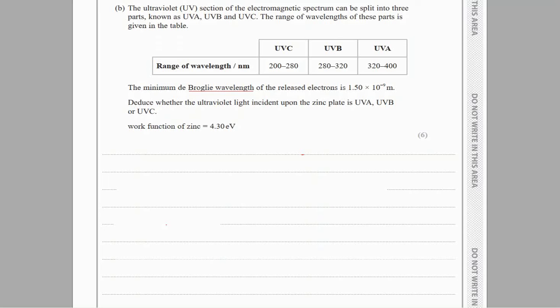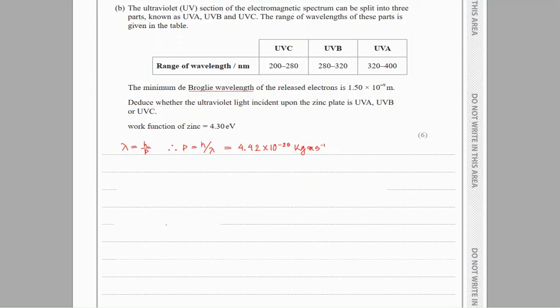So you can clearly see I have underlined de Broglie wavelength. So what is the equation for de Broglie wavelength? Lambda equals h by p. And if I make p the subject, which is the momentum, it is h by lambda. The value of h we all know, and lambda is given in the question, the de Broglie wavelength.